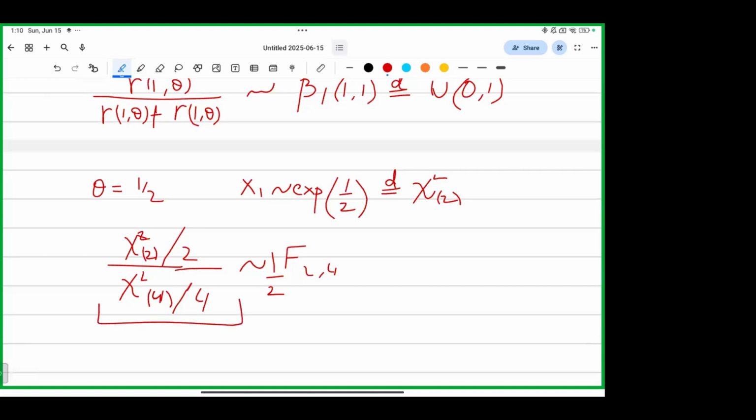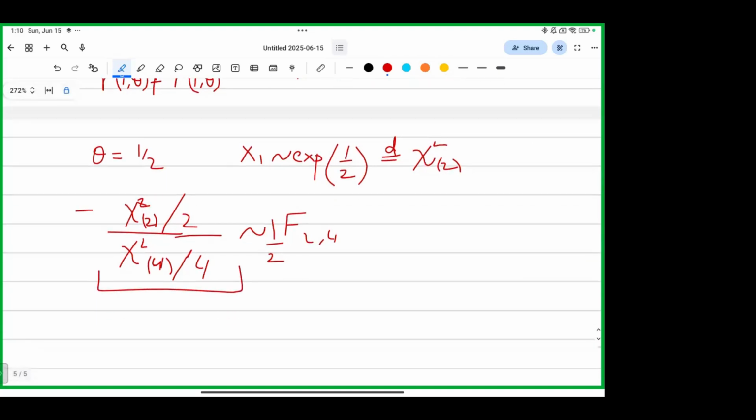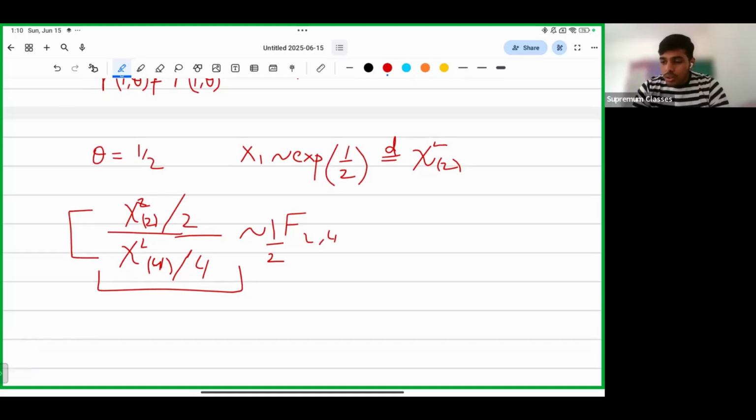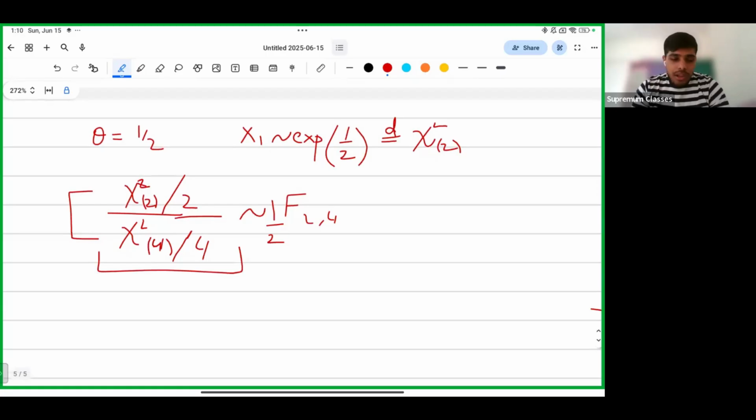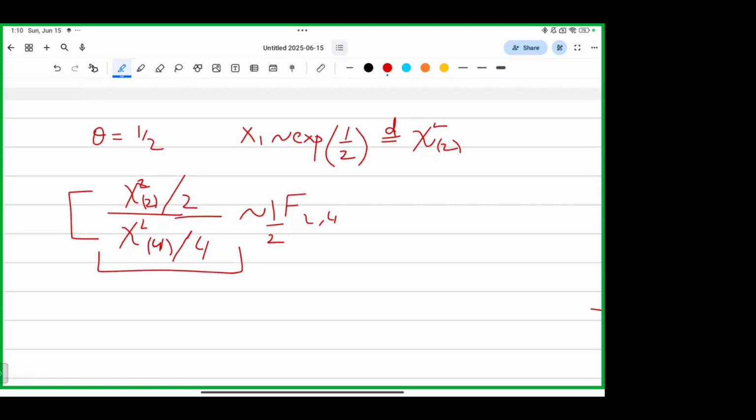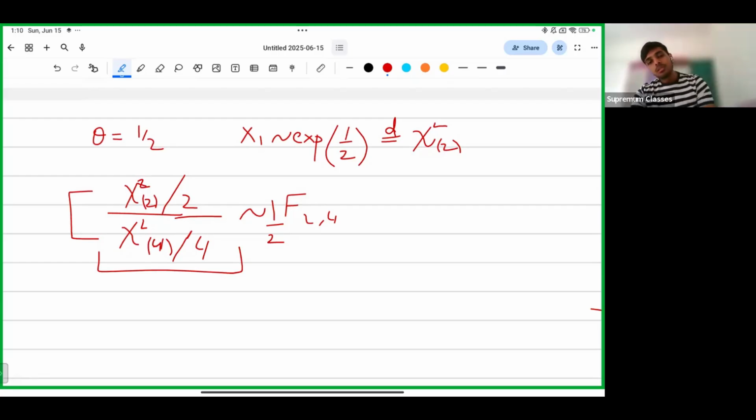Something's wrong here, because both of these should be independent. That's correct, so they're not independent. That's why it's not F2,4. If it were, say, x1 over x2, that would be F2 comma 2. That's it from my side, Sanjhali. Thank you.